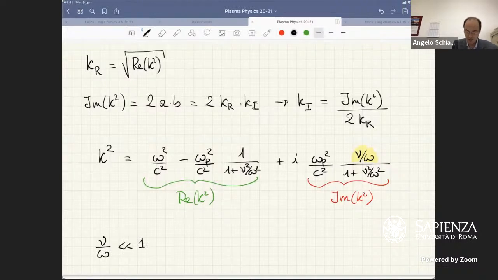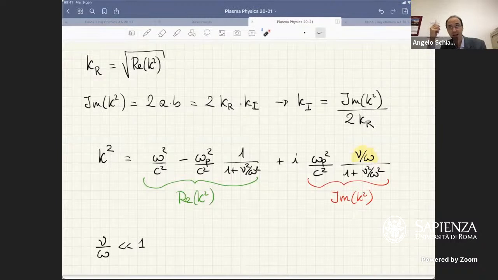It means that the collision frequency, which is the time scale for plasma redistribution of energy and momentum among electrons and ions, so this represents the characteristic plasma frequency, is much lower than the frequency of the wave. So we restrict our attention to situations where the wave phenomenon is much faster than the usual frequencies of the plasma.